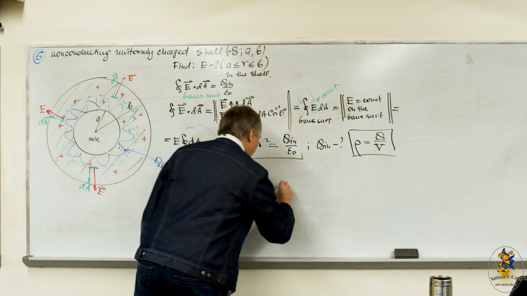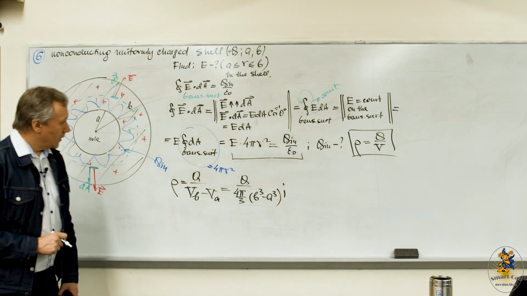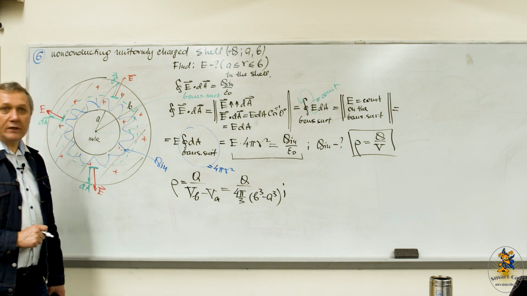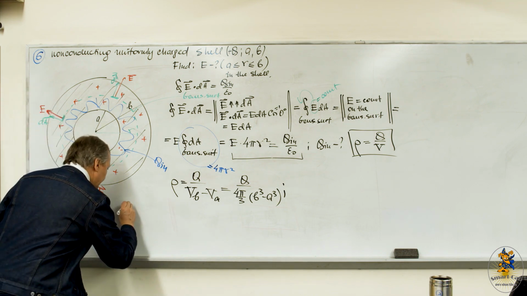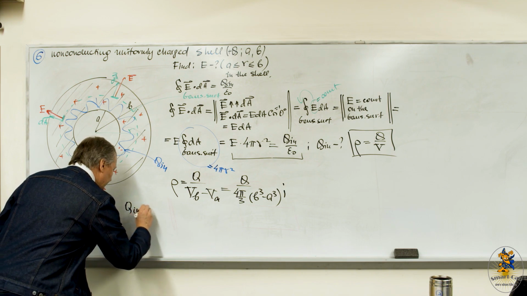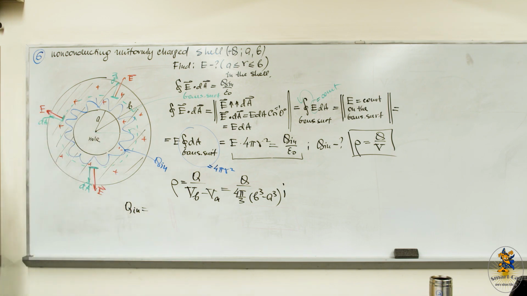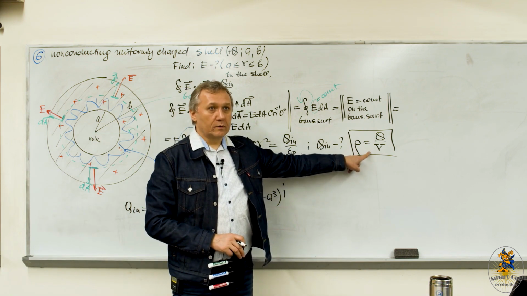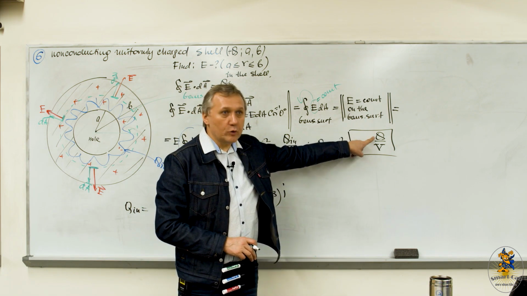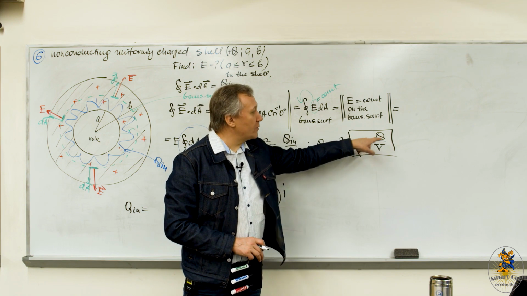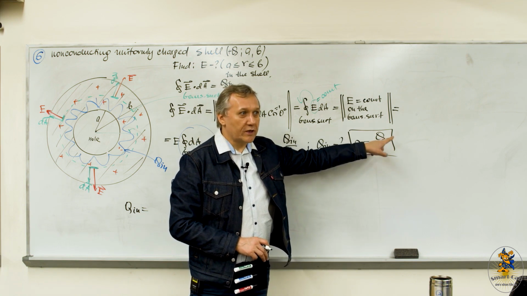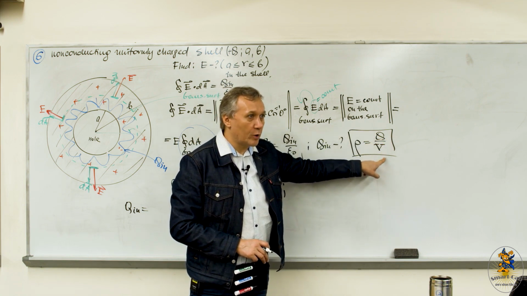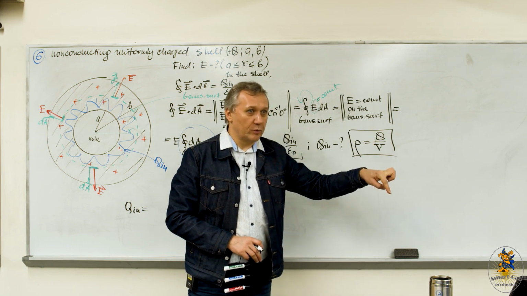Okay, that's it. So now let's find Q enclosed. Again, look at this formula. So now we need to find Q. Basically, you apply this formula for Q enclosed: Q enclosed divided by the volume over which Q enclosed is distributed.